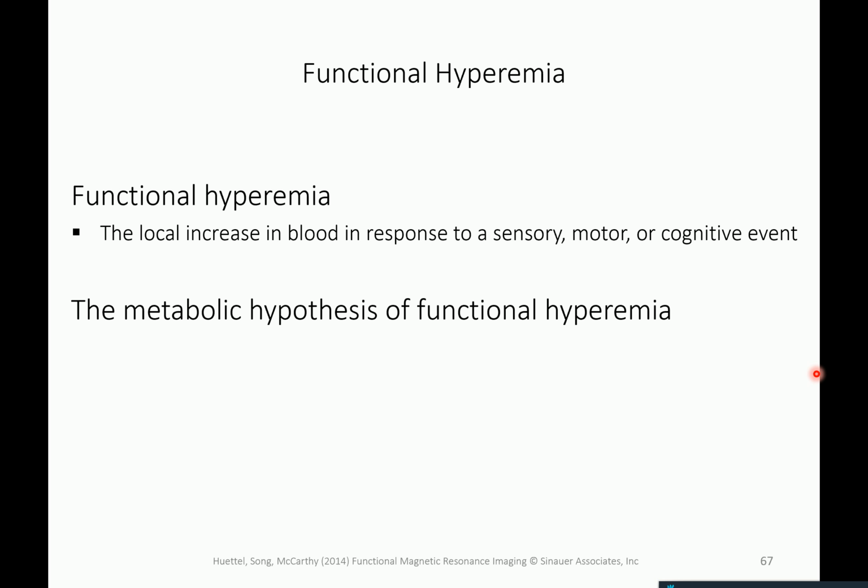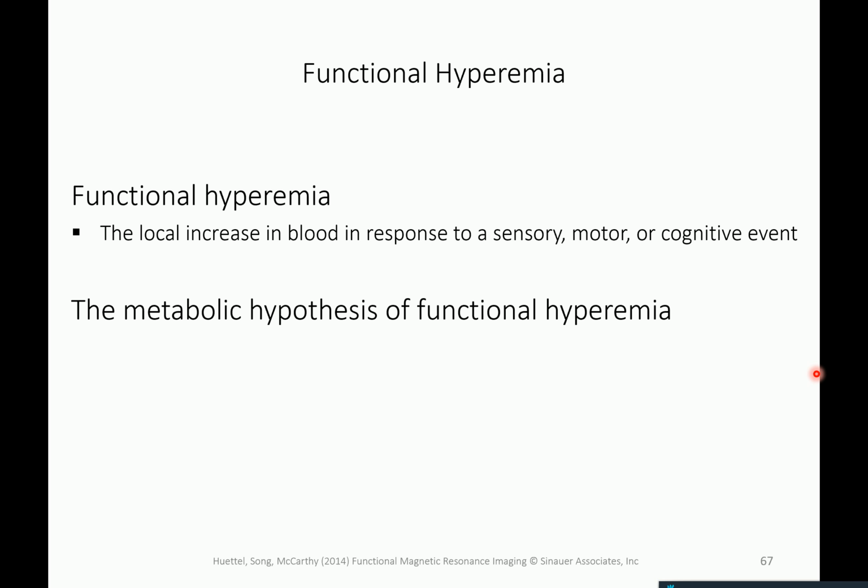And I'm fairly unspecific about what this increase in blood should mean, and we will see why that is later. So that's what functional hyperemia means. So functionelle Hyperemie: functional because it's related to a certain cognitive function, hyper because there's an increase, and emia because it's blood, so it's just referring to an increase in blood essentially.